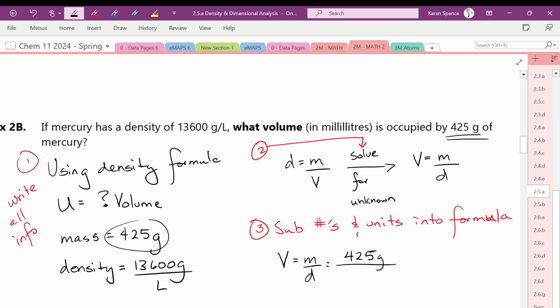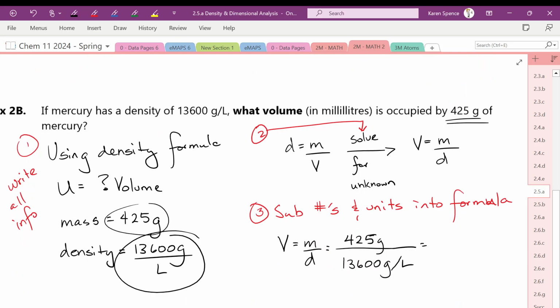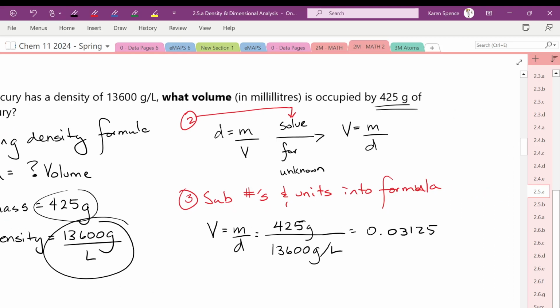And what can I substitute for D? 13,600 grams per liter. And I get 425 divided by 13,600 equals, am I not getting the same answer? Oh yeah, I am. And I get 0.03125. What is the unit? It's liters.